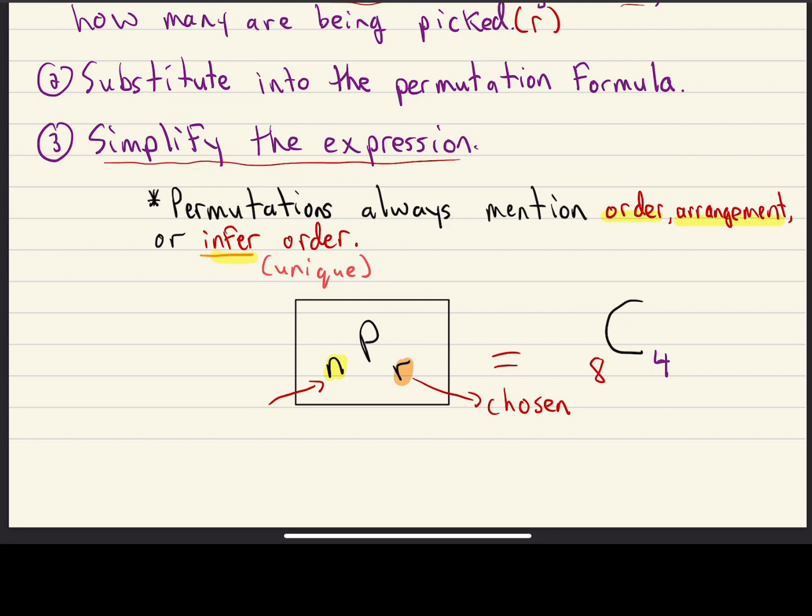For example, if out of 8 events I'm only choosing 4 of them to arrange, or arranging those 8 events into groups of 4, I would write it like this. I wrote C, but it actually should be a permutation. So out of 8 events or objects, I'm choosing 4 to make permutations with.